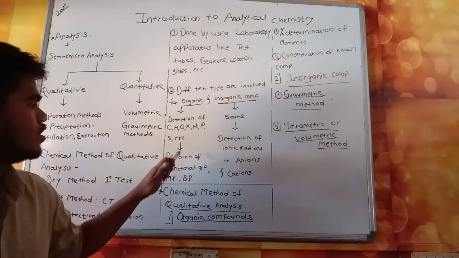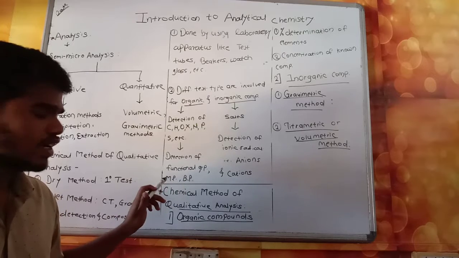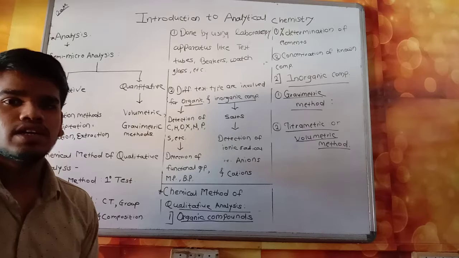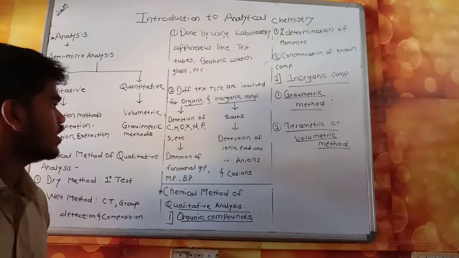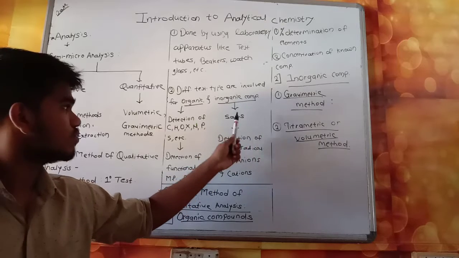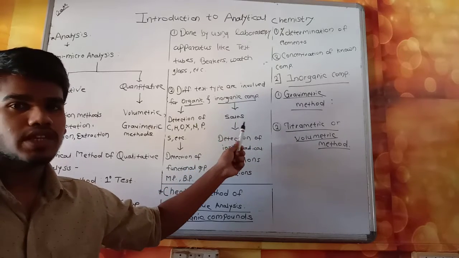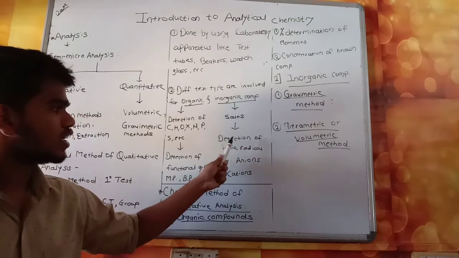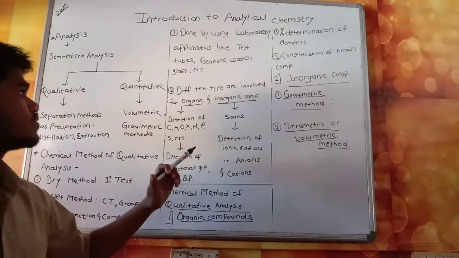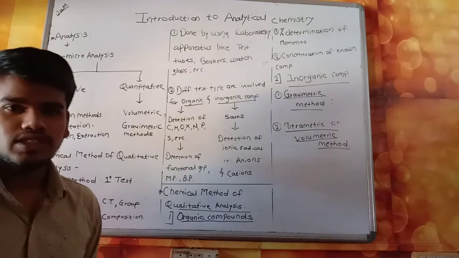Next, it involves the detection of functional group and melting point and boiling point of the supplied sample under testing. Okay, and inorganic compounds are nothing but salts, or more precisely ionic salts. It involves the detection of ionic radicals, that is anions and cations. Okay, so these are the different tests.